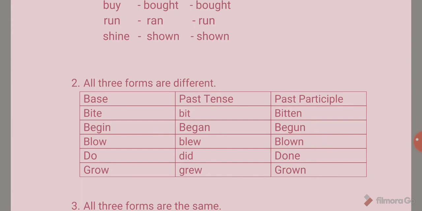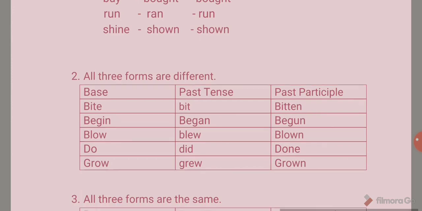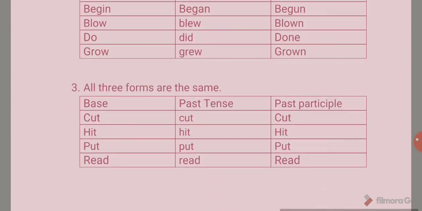Blow becomes blew in the past tense and then becomes blown in the past participle. So here we have three different forms of a verb in the base form, past tense and past participle. Okay, so do becomes did in the past tense and done in the past participle. Grow becomes grew in the past tense and grown in the past participle.